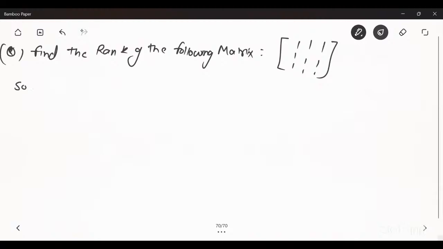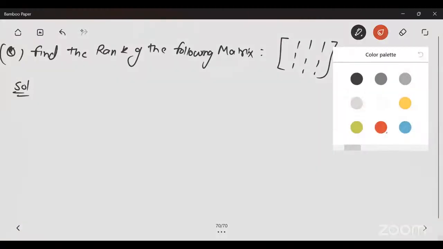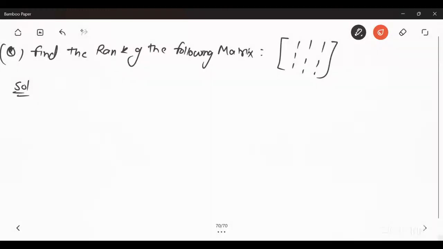First thing, I can find this by the echelon form, because I see that rows and columns are equal. So A is equal to 1 1 1, 1 1 1, 1 1 1.